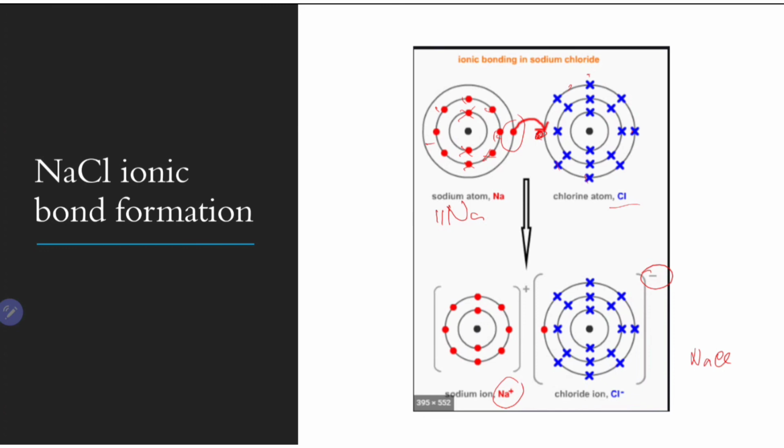Notice when you draw the dot cross diagram of an ionic compound, the positive and the negative are separate but close to each other. So here Na is in one part and then Cl next to sodium.